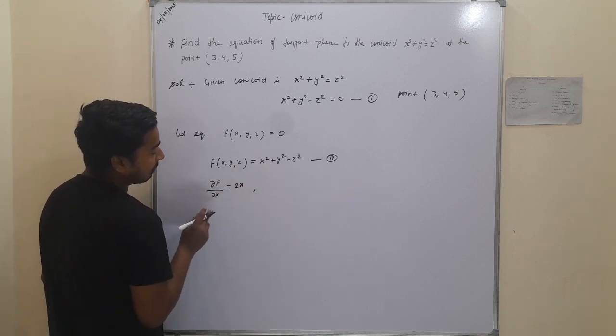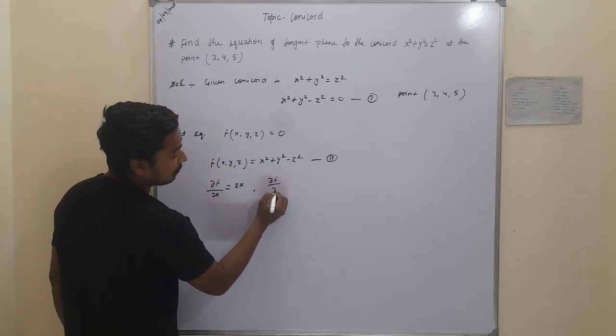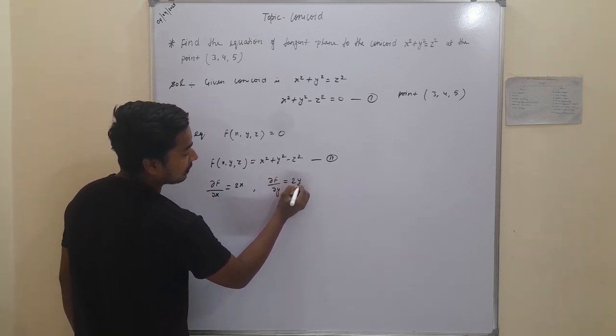Further, differentiating partially with respect to y, this gives del f upon del y is 2y.